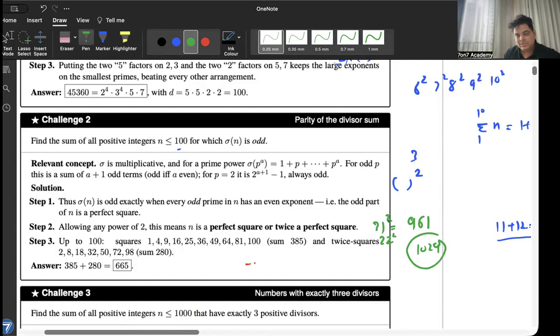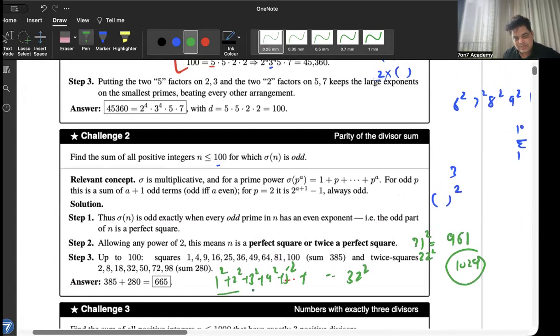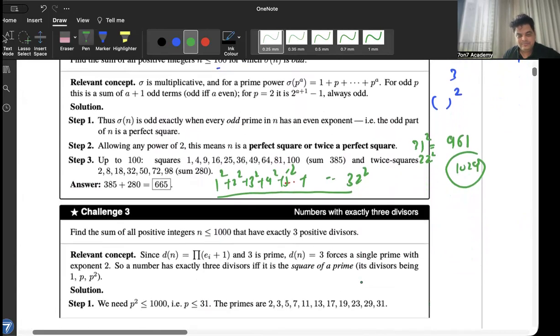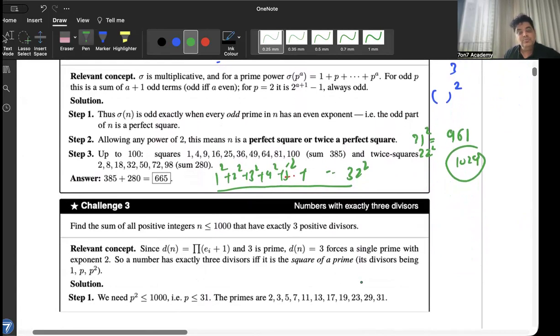So 31 square is the last square number below 1000. So I have 1 square plus 2 square plus 3 square plus 4 square plus 5 square up to 31 square that you add. If you add it, that is the addition of the numbers having three divisors. Agree?